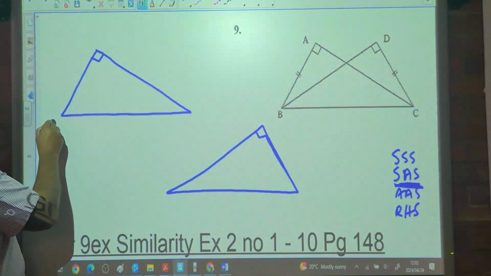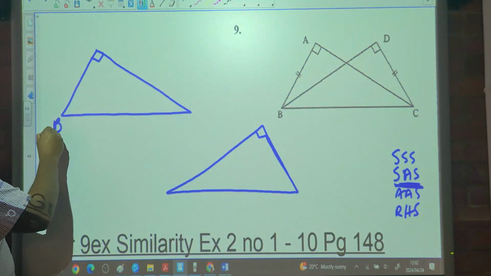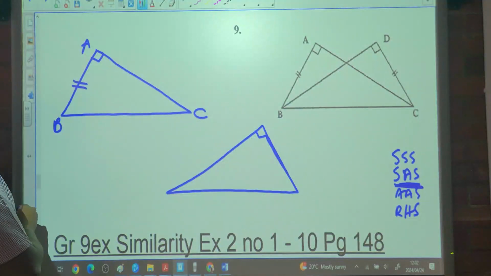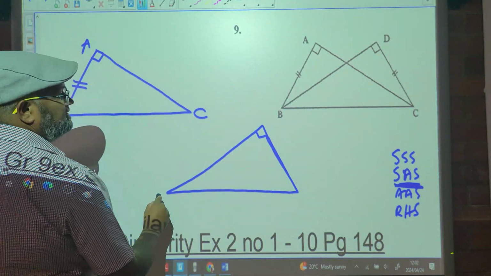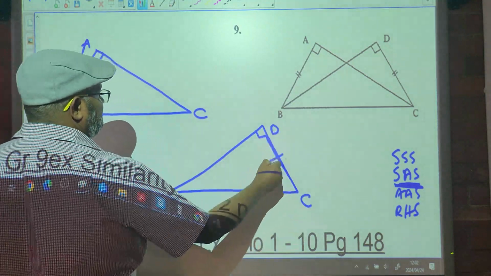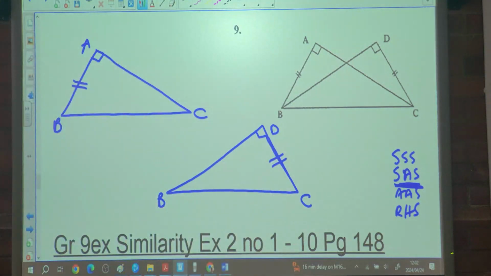Right, so this is going to be B, A, C. And this here, B, C, D. Are the two triangles congruent?